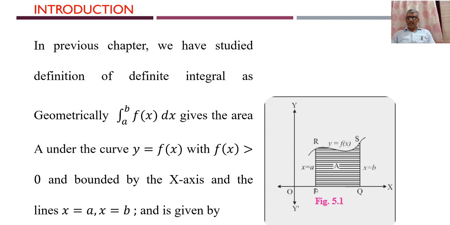These lines meet the x-axis at points p and q. The area bounded by the curve and the x-axis is the shaded portion.